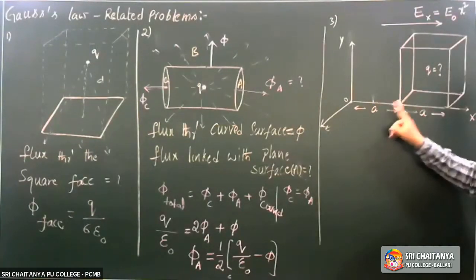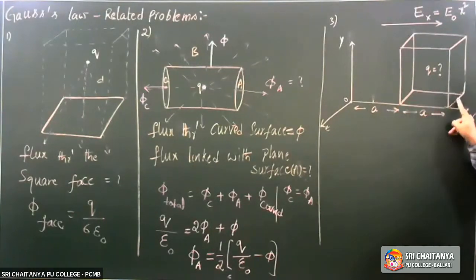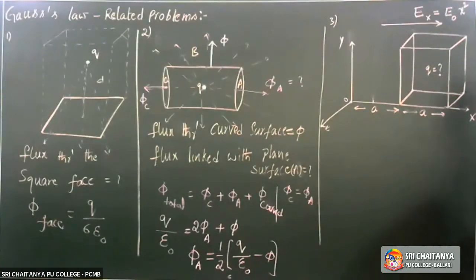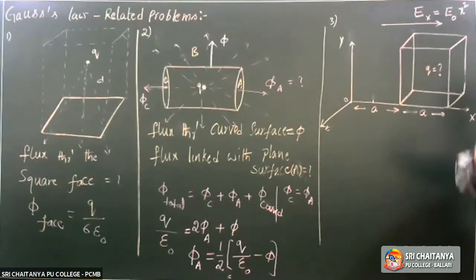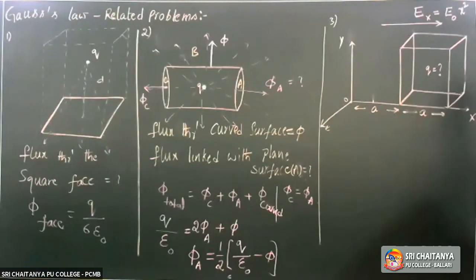Here x is equal to a, and when I come to this space, x is equal to 2a. Whenever field is given as a function of distance in problems, remember that the field changes as we move away. The question asked is, what is the charge in this cube?